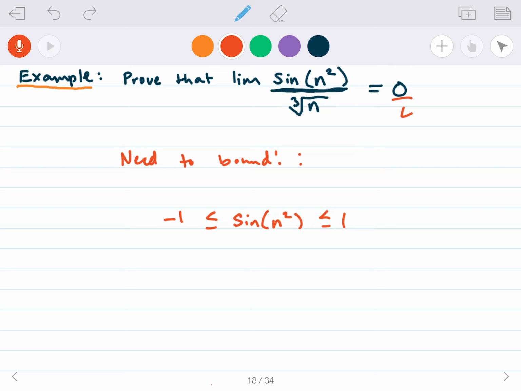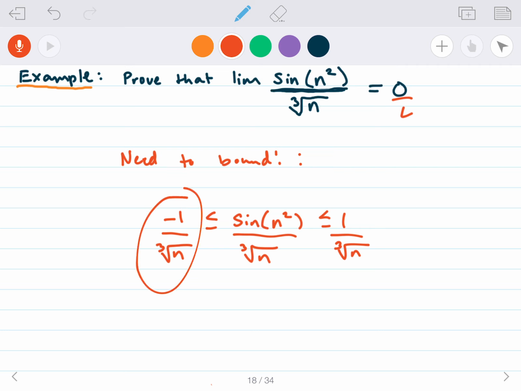Now we also know that the third root of n is always going to be positive. And so therefore, for the sine of n squared over third root of n, if I just simply divide everybody by third root of n, then I know that this guy is going to be between these guys.